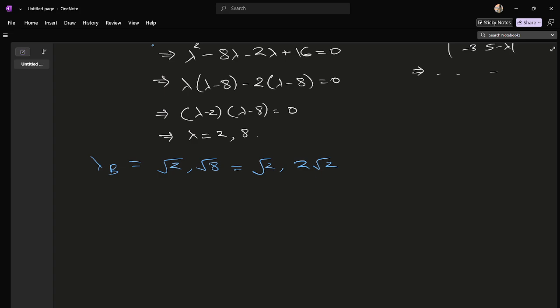Now we have that the determinant of B is greater than or equal to 0.